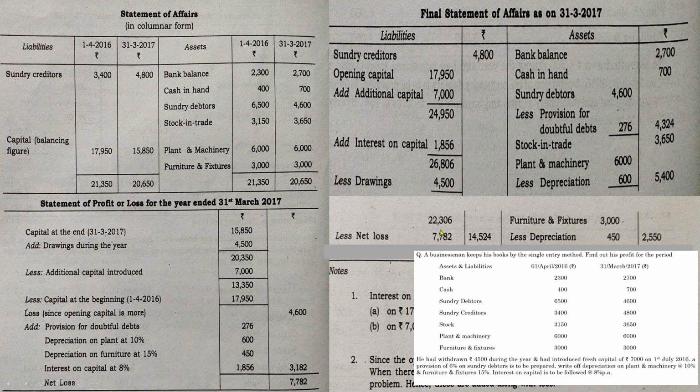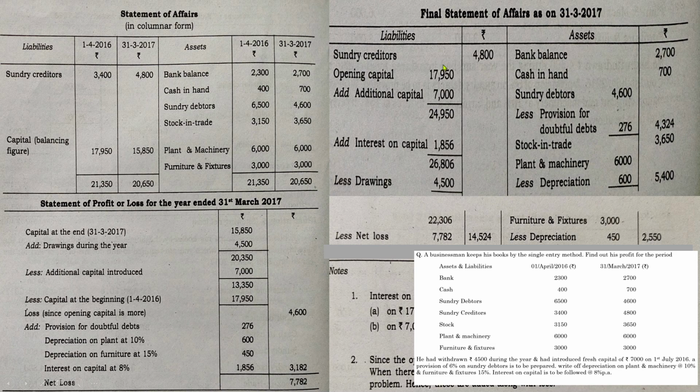Don't mix this computation with this one, because this one is the statement of profit or loss during the period. Here it is the final statement of affairs, that is the final capital balance at the end of the year. Finding the capital balance at the end of the year as per the final statement of affairs is almost similar to the preparation of a balance sheet capital.